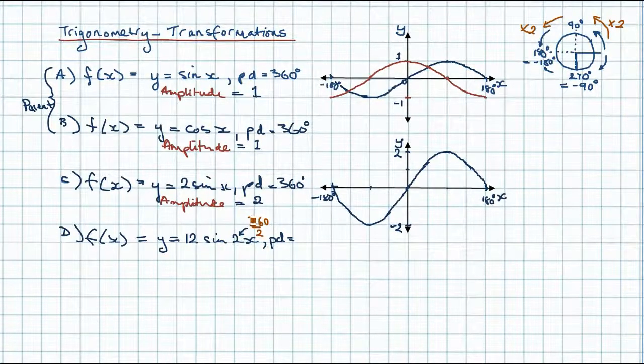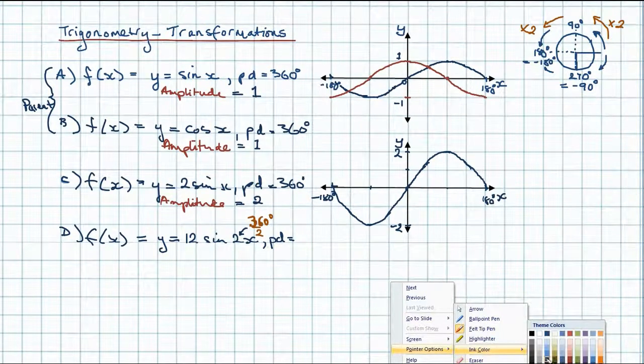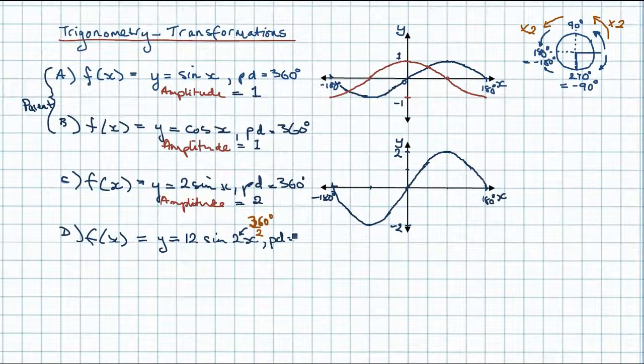To calculate the period now, we just take the period of the parent function, 360 degrees, and divide by this coefficient of x. So the period now becomes 360 divided by 2 equals 180.